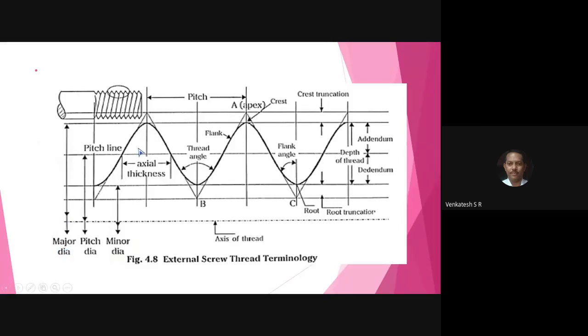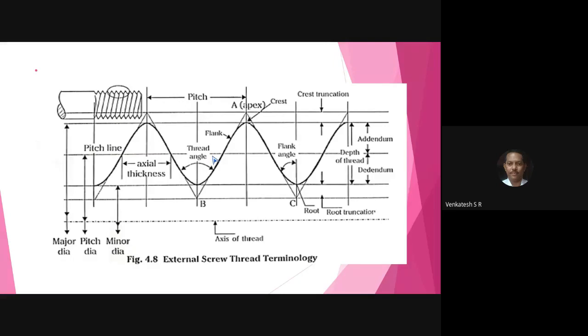Below that there is a triangular shape, as you observe here. There is a flank which is connected at a point and makes an angle, which is called the thread angle. This is very important for producing threads on the component. Thread angles are classified as 30 degree, 45 degree, 60 degree, 75 degree, and 90 degree, and depending upon the type of application you can use the thread angle.